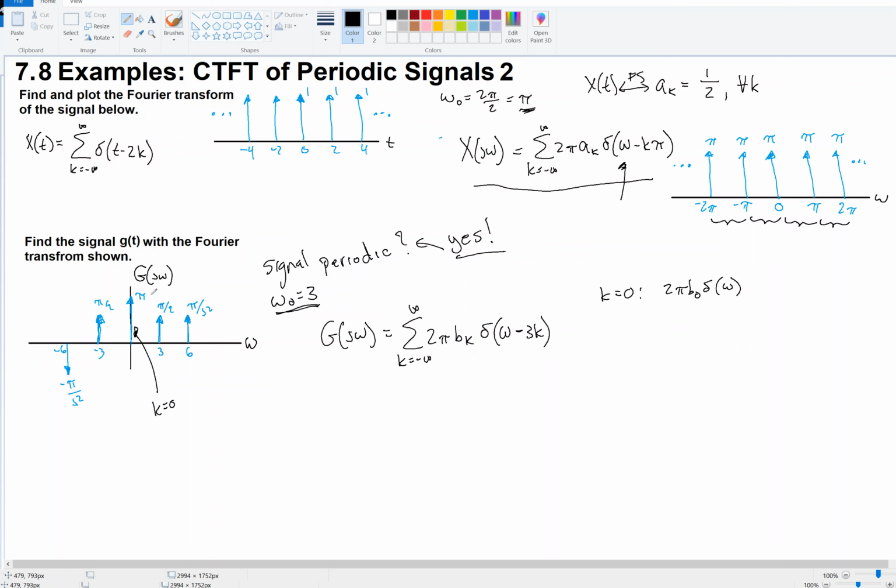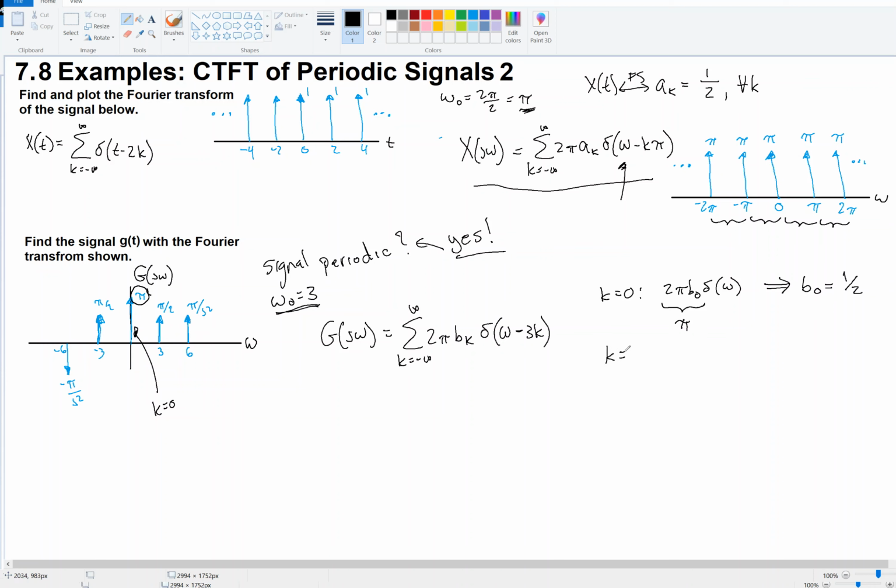So what's the scaling coefficient of that unshifted impulse? Pi. So that means the scaling constant there has to be equal to pi. So what does that make b0? 1/2, right? If b0 is 1/2, then the scaling constant in front of the impulse would be pi. So just from observing the Fourier transform and form-fitting it, I can deduce the value of the Fourier series coefficient. Neat.